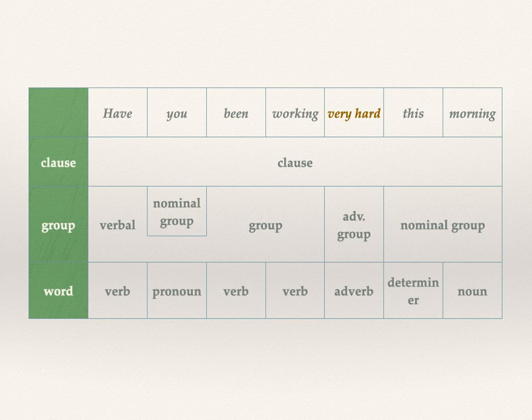And these groups in turn consist of words, again of different classes. The verbal group consists of a group of verbs, have, been, working. The first nominal group consists of a single nominal, a pronoun, you, the limiting case. Very hard, that's a group of adverbs, very plus hard. And then this morning is a nominal group consisting of 2 nominal words, a determiner and a noun.